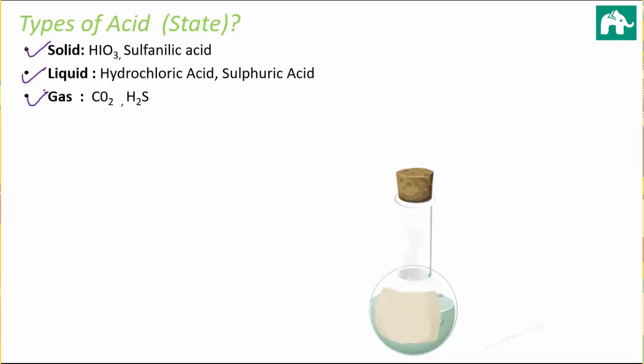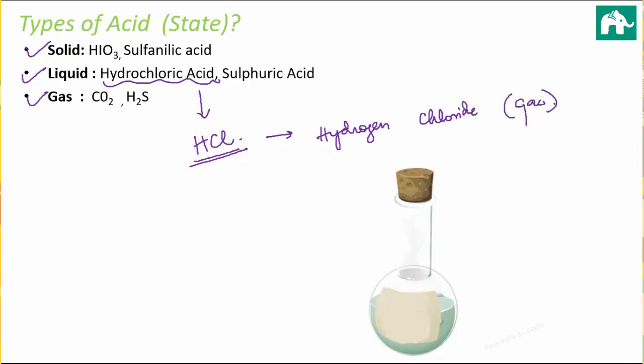An interesting fact in this regard is hydrochloric acid. What is hydrochloric acid? It is HCl. HCl is also hydrogen chloride, and hydrogen chloride is a gas. But hydrochloric acid is liquid. So how do we get hydrochloric acid from hydrogen chloride gas?